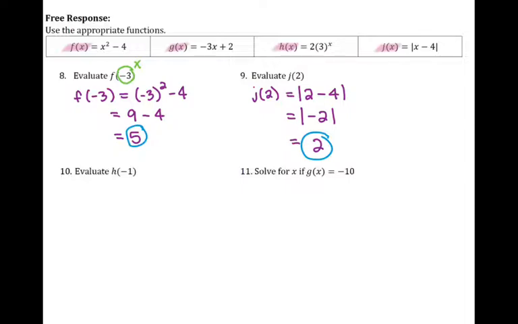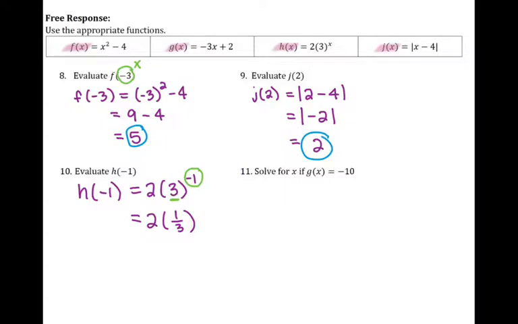All right, number 10, h of -1. So I'm going to plug into my h function. Ooh, this is a good function because it's an exponential function. I like that. Okay, so I have a negative exponent. Negative exponents mean I need to flip my base. So my base is a 3. So when I say flip, that means take the reciprocal. So my reciprocal of 3 is 1/3.